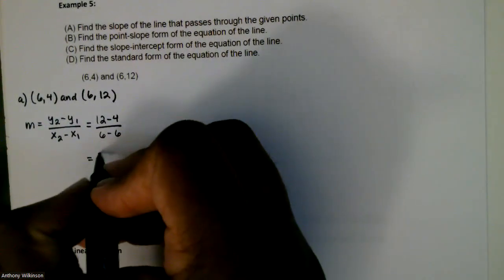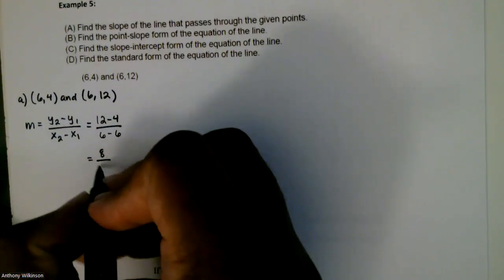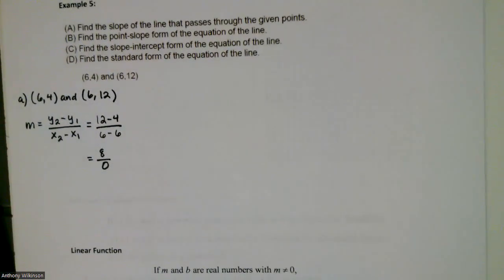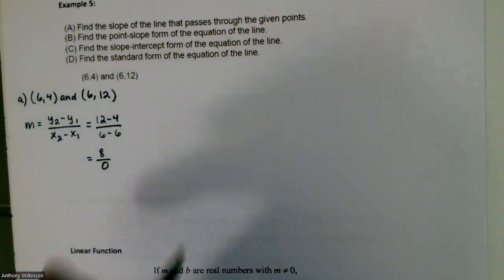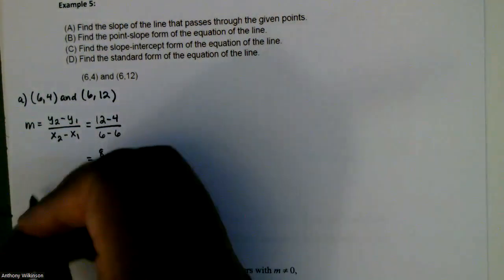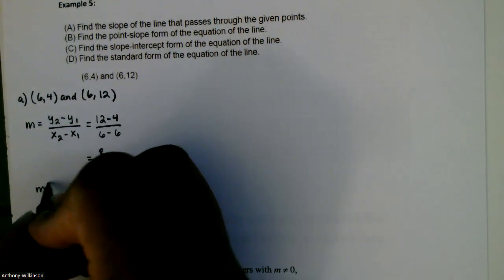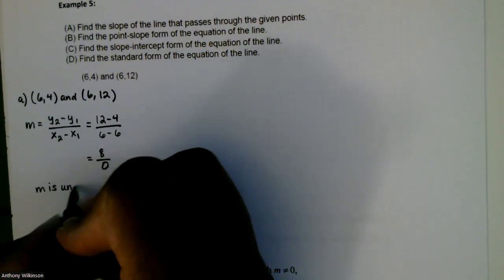Let's see, 12 minus 4 would be 8 divided by 6 minus 6 is 0. Got a problem here. Here we got the 0 in the denominator. 8 divided by 0, that's undefined. That means that the slope of the line passing through the 2 points here is undefined.